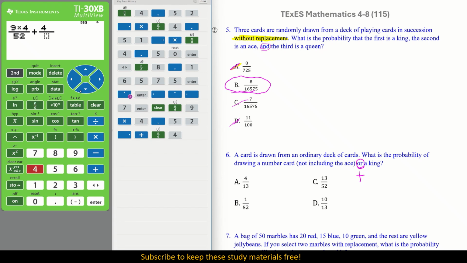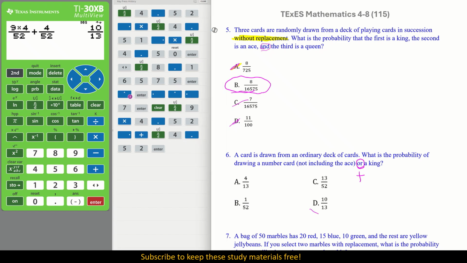So there's 4 out of 52. And I'm not worried about something happening simultaneously, nor am I worried about replacement because we're talking about drawing one single card. Okay, so let's push enter and it automatically gives us a reduced or simplified answer, which is D.